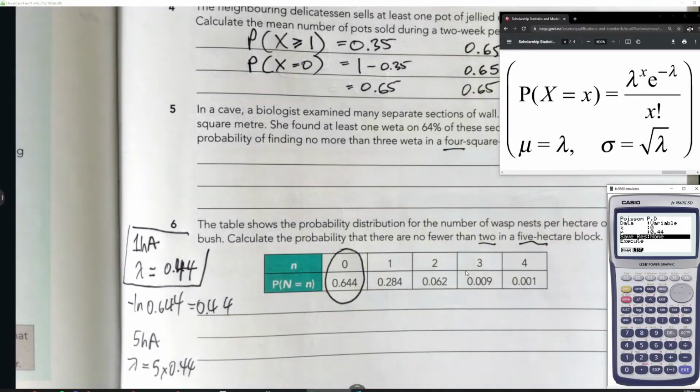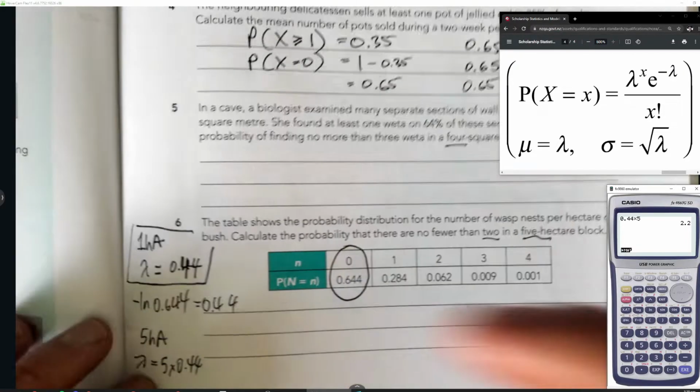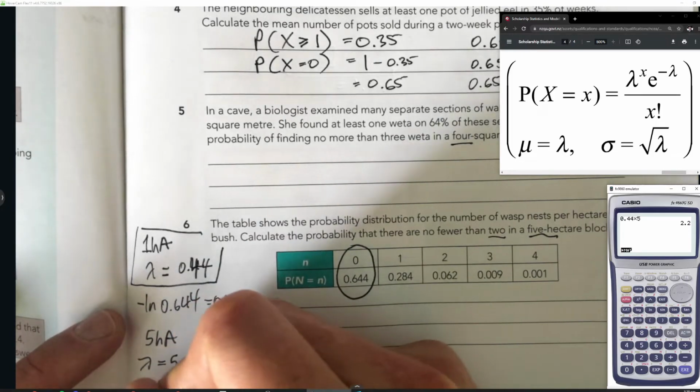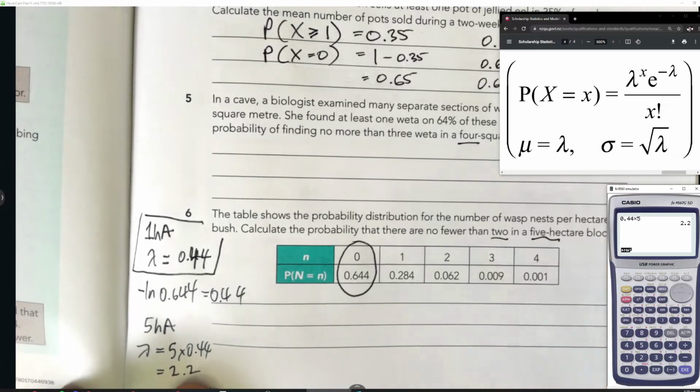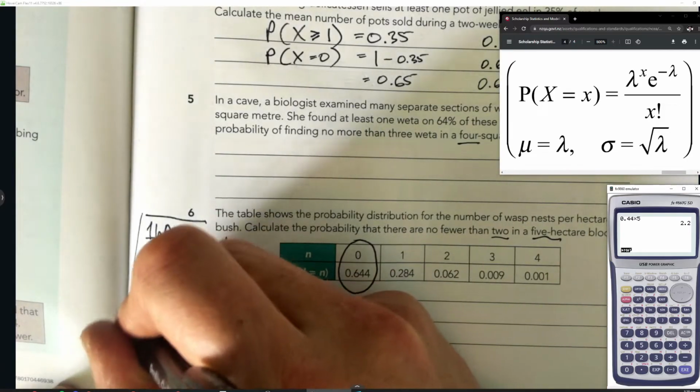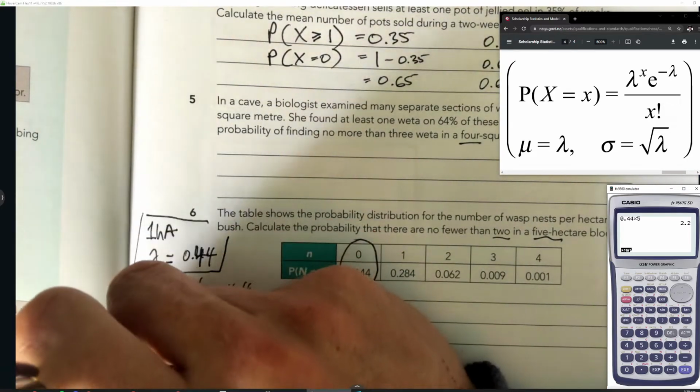That's all it is. Do we do that in our heads? No, we cannot. 0.44 times 5 is 2.2. So our lambda value with a 5 hectare is 2.2.